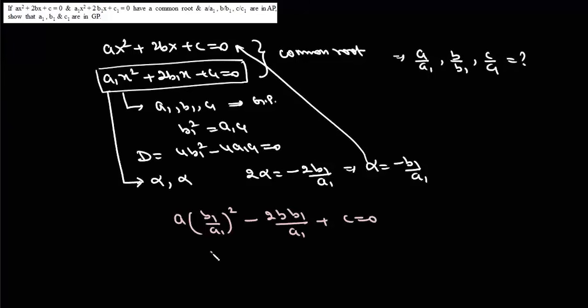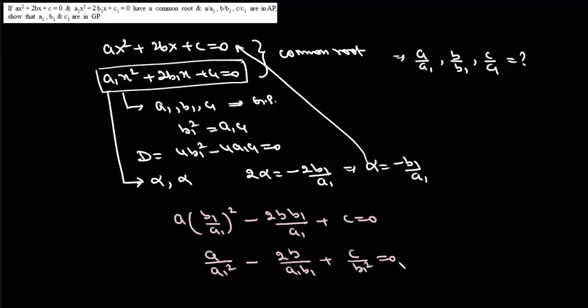So we can write a upon a1 square minus 2b upon a1 b1 plus c upon b1 square equals 0.